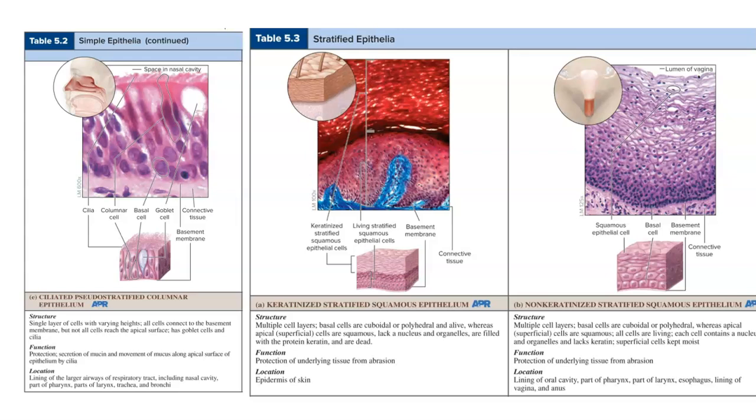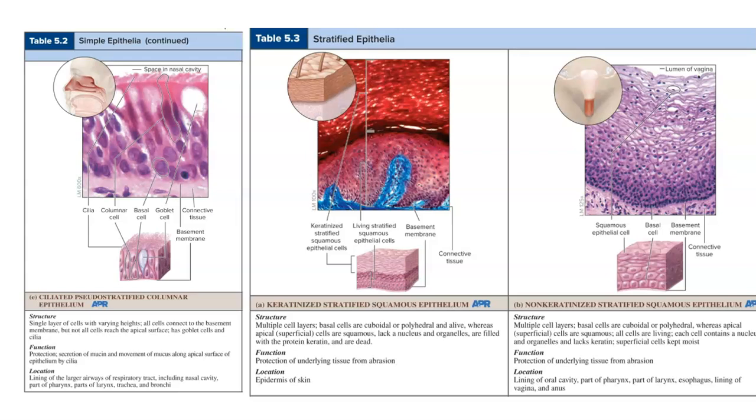So the epithelium of the stratified type protects the underlying tissues from damage that would be caused by abrasion or friction, as I mentioned a while ago, like the digestive tract or the tissues that cover our body, epithelial tissues of the skin.